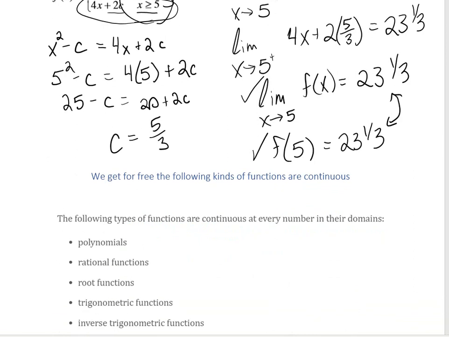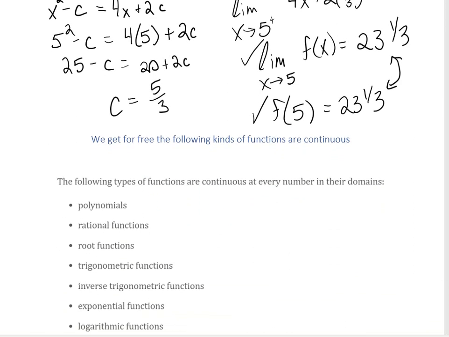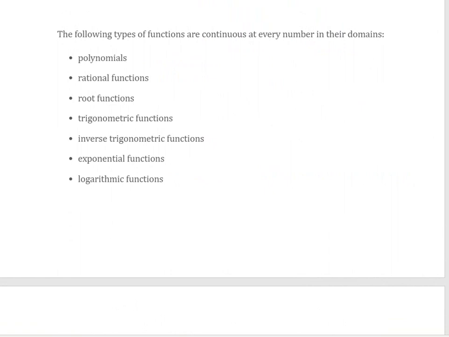Now I just alluded to it, but it's important for you guys to know the following functions are continuous for free for every number in their domain. If you have a polynomial, that's going to be continuous for all real numbers. This symbol means for all, so for all real numbers.